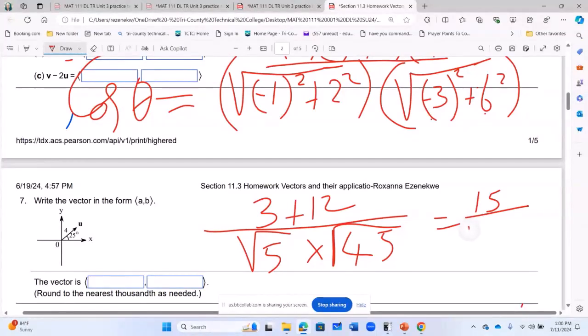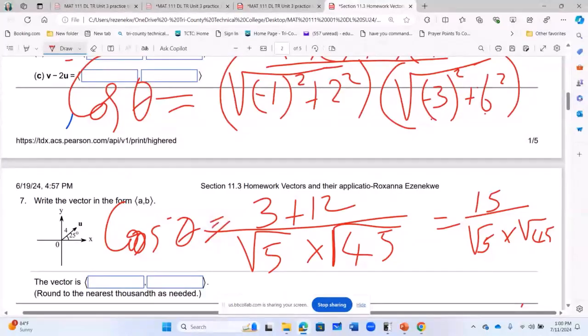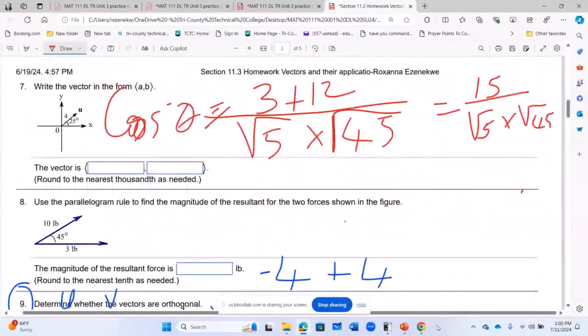So I have square root of 5 multiply square root of 45. So I can pull up my calculator quickly. Remember, I'm looking for the angle between these two vectors. So cos theta, angle between two vectors. All right, so I will just get my calculator and throw them in there.